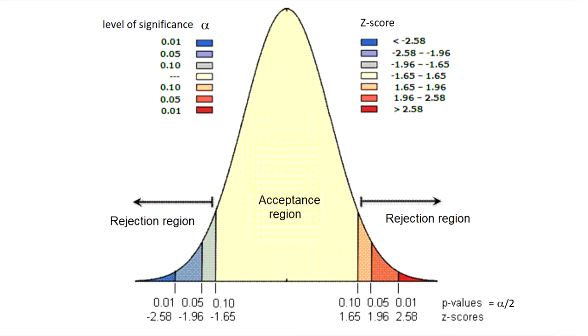So this is a little bit wider than this, both on the left and on the right. What happens if we go to an even smaller level of significance? Then the regions on the left and on the right become even smaller. They are very dark red and very dark blue.